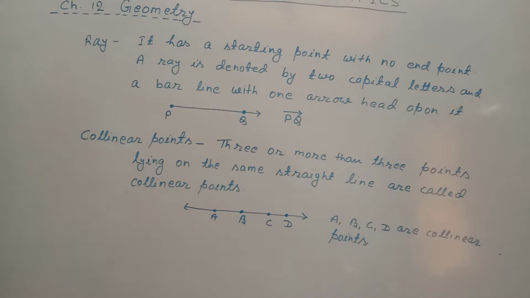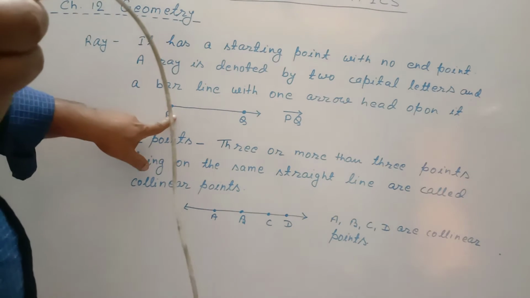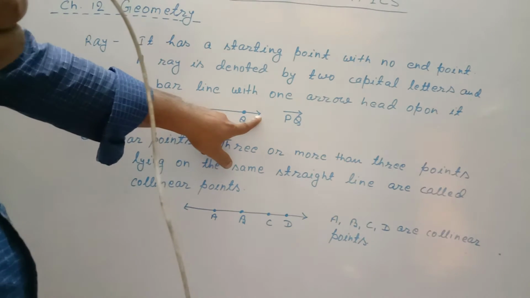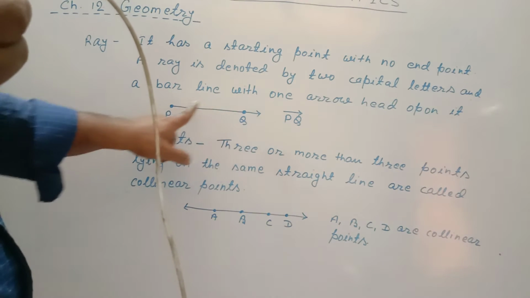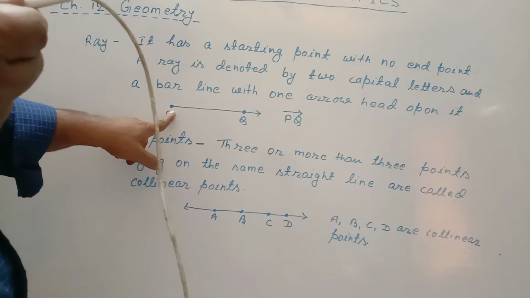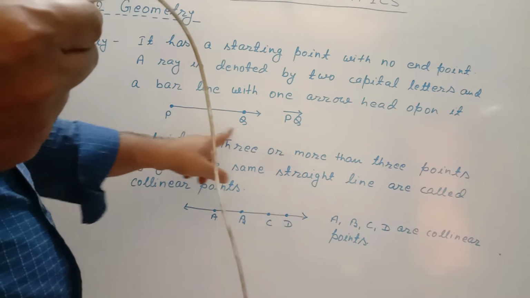Next is ray. It has a starting point with no end point. A ray is also a part of a line. It has one starting point but no end point. That no end point is denoted by this arrowhead. The starting point is denoted by this fixed point P. A ray is denoted by 2 capital letters.